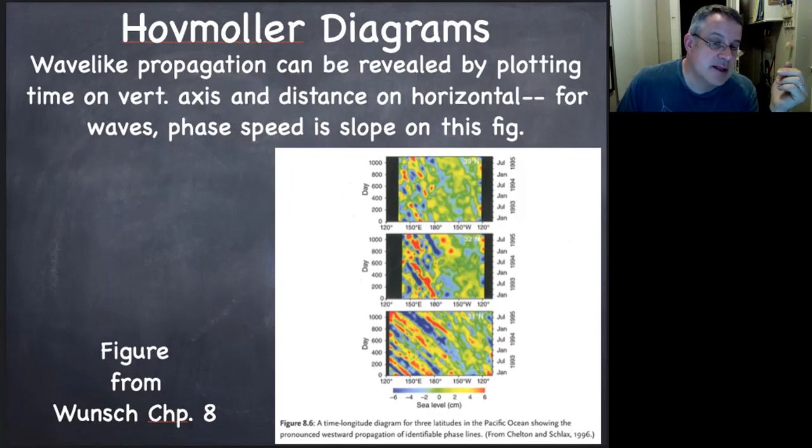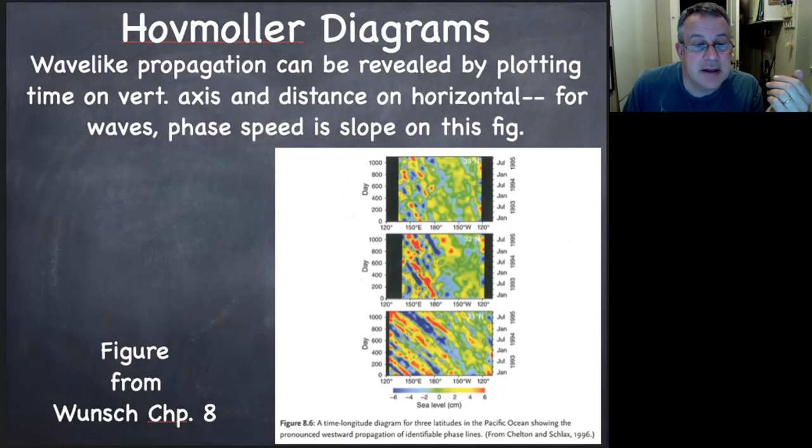And if we track as time increases, these red blobs are moving farther and farther to the west. Farther and farther to the west, like this. So this is a wave-like propagation of a sea surface high, or sea surface low in this case, because this is a westward propagation of phase lines from an altimeter.